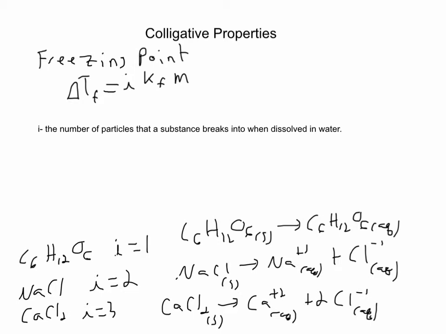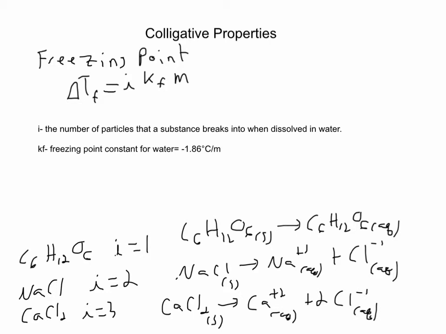The next constant, Kf, is the freezing point constant for water. And this is always going to be equal to negative 1.86 degrees Celsius per mole.